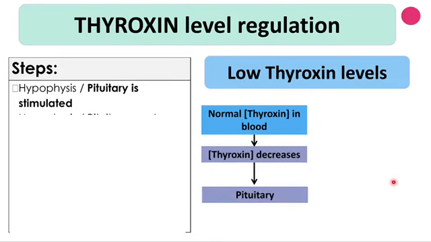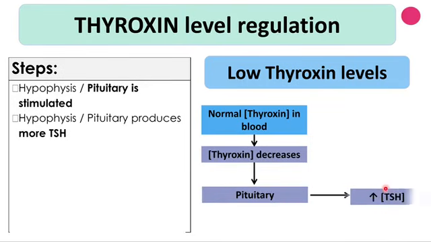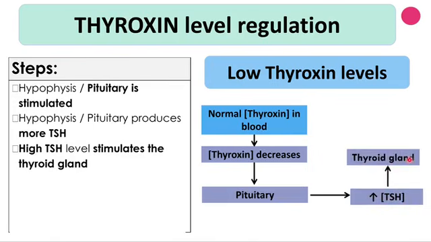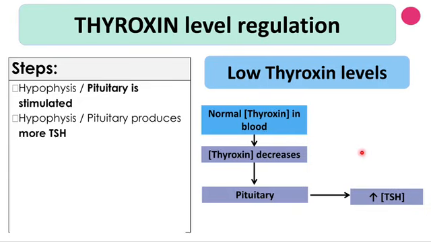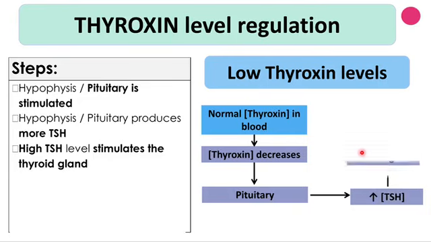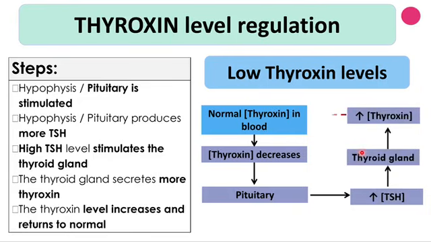The pituitary will secrete now more TSH to be able to stimulate the thyroid gland more. And if the thyroid gland is stimulated at a higher level, it will secrete more thyroxine, and then balance is restored.